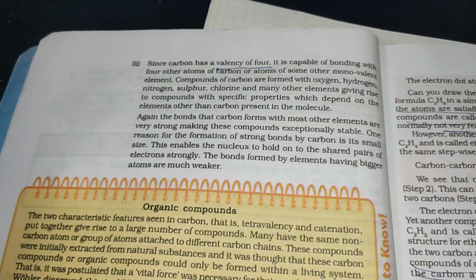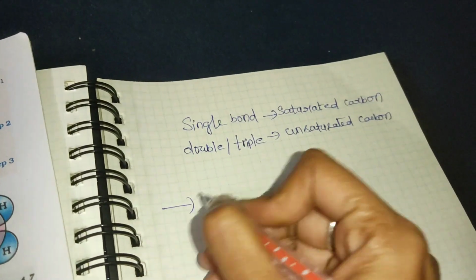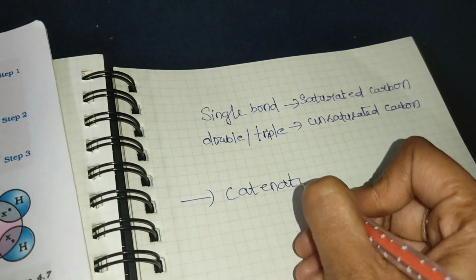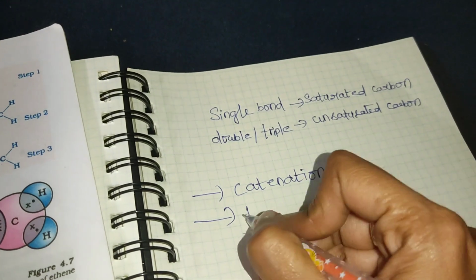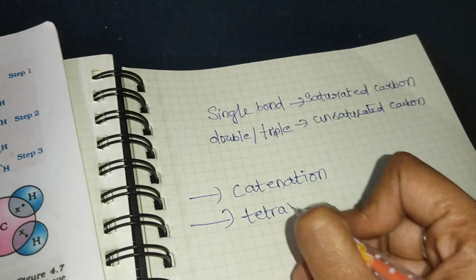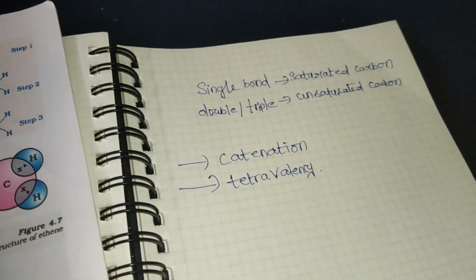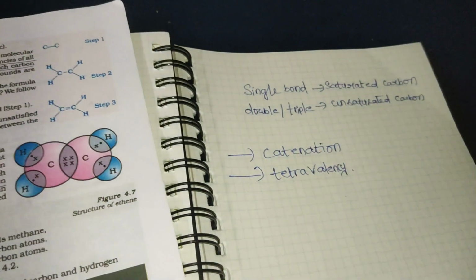So these are the two factors which make the versatile nature of carbon. The first is its property of catenation, the ability to form long carbon chains, and the second is tetravalency, meaning a valency of 4, so that 4 carbon atoms or other atoms can attach to it.